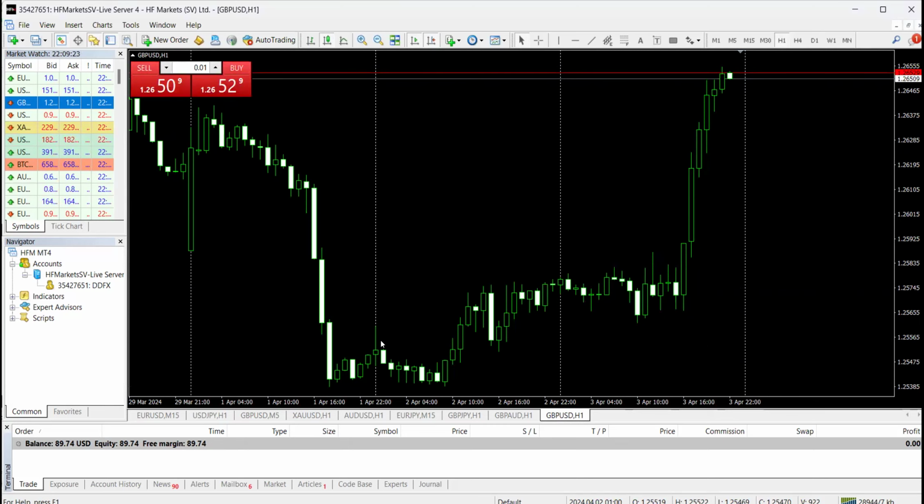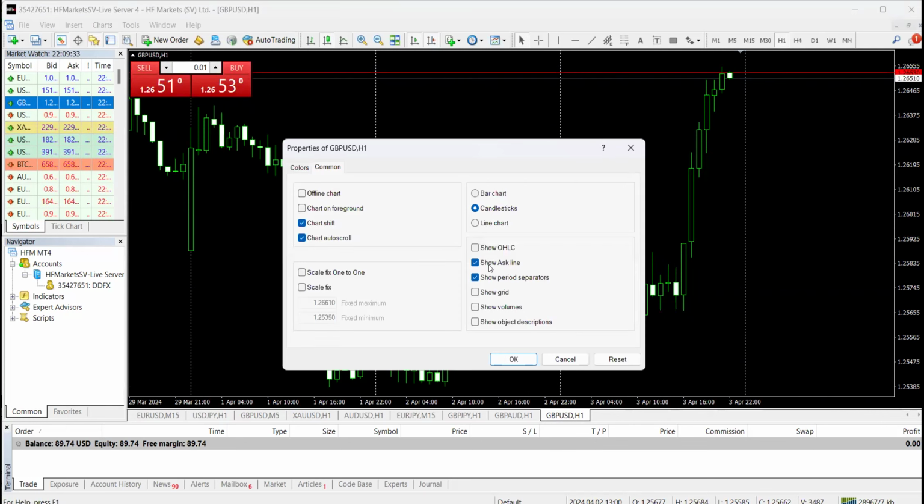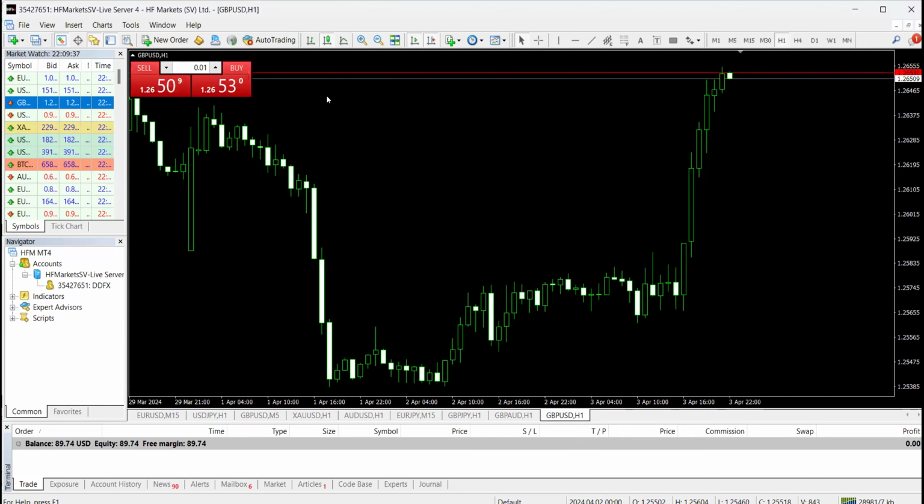Then the period separator shows when the market started and where it ends, according to days or hours, based on the time frame you find yourself in as well. Then we go back to properties. You can now say, okay, I don't want to see period separators, for instance, and then the chart becomes clean like this.